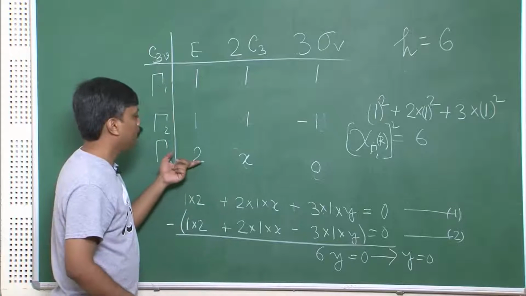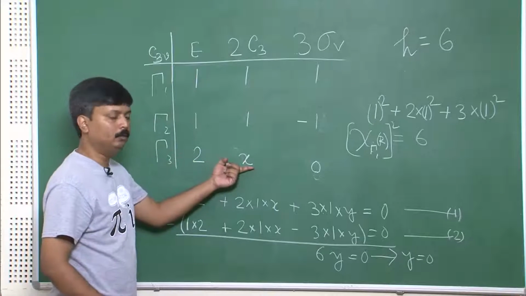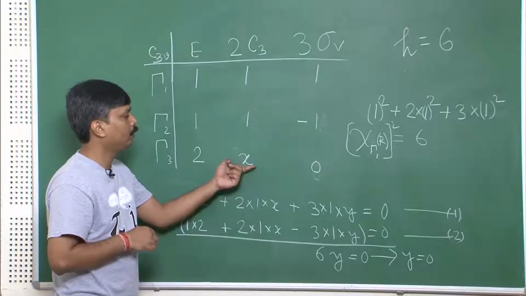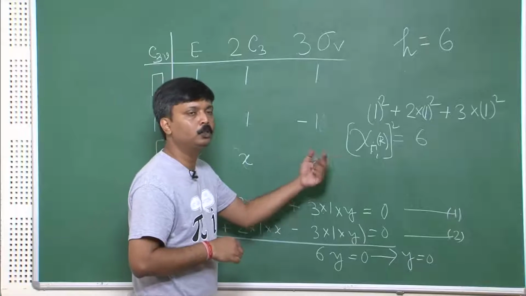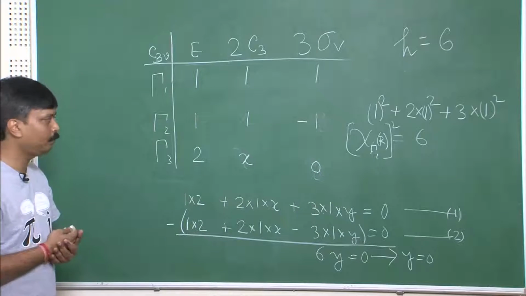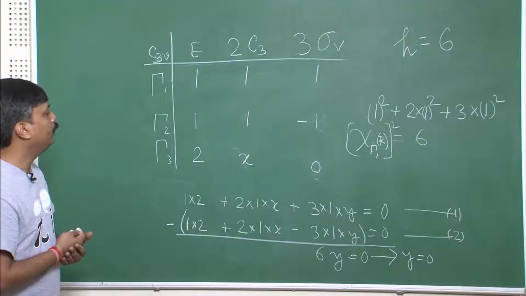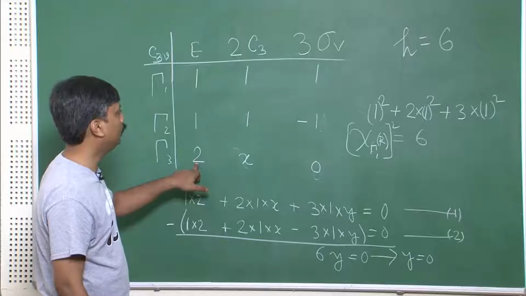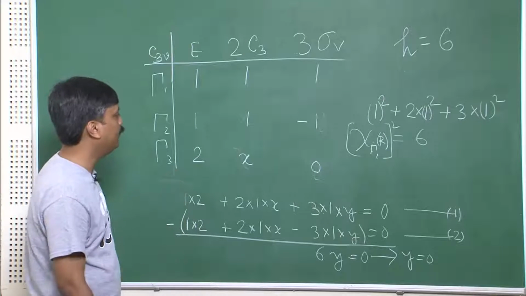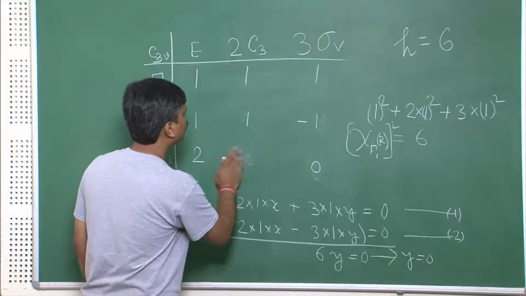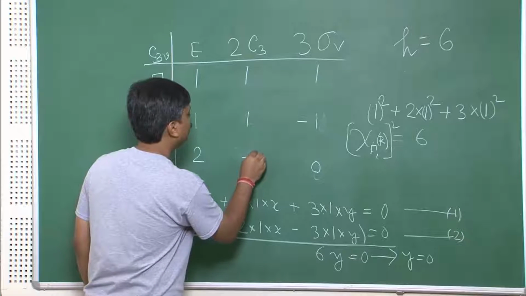Then 2 square plus 2 into x square plus 3 into 0 should be equal to 6. Okay. So, if I do that, I will easily get x equals to minus 1.